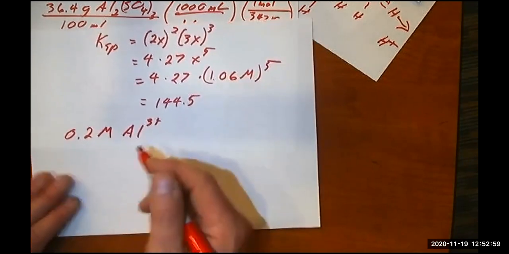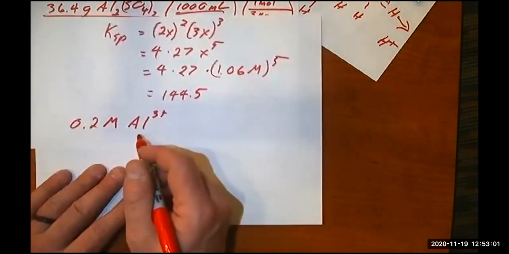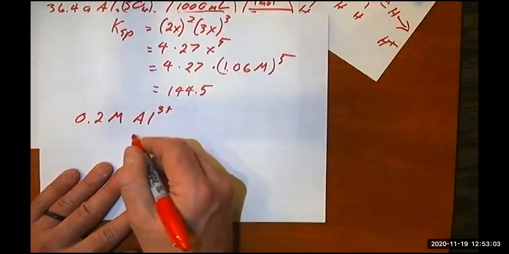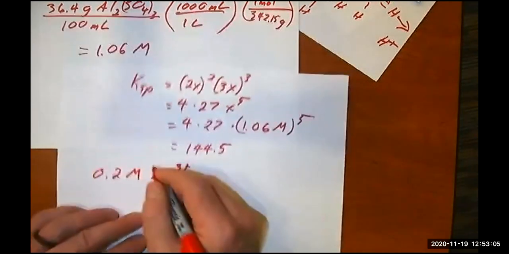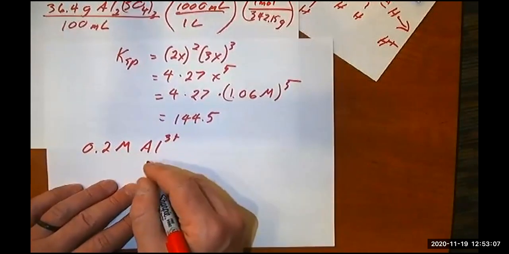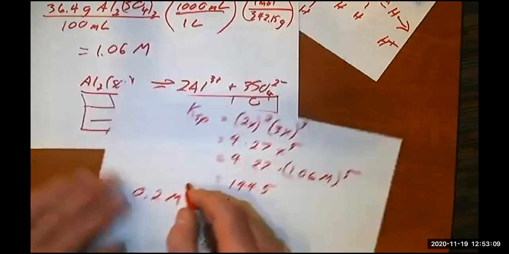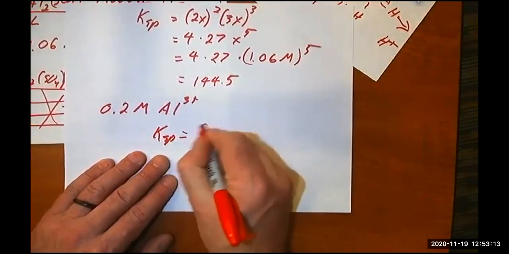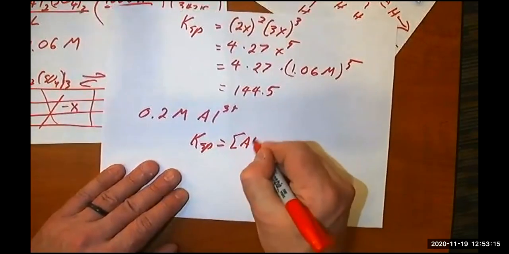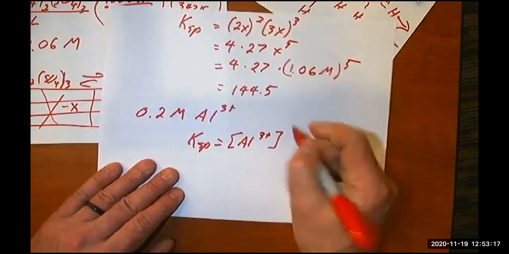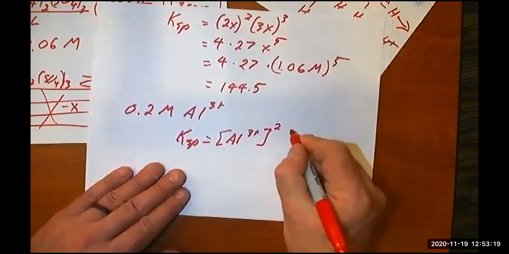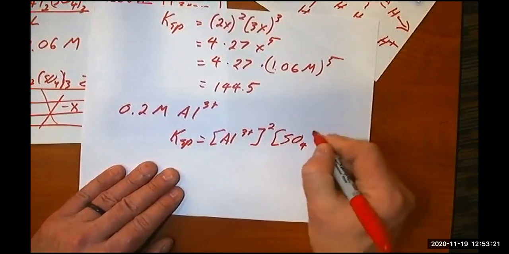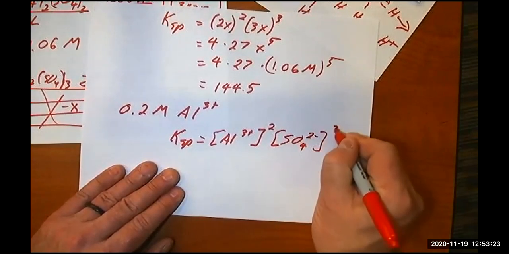So to answer that question, we have to look at our KSP. It is going to be the concentration of the Al3+ squared times the concentration of the SO4 2- cubed.